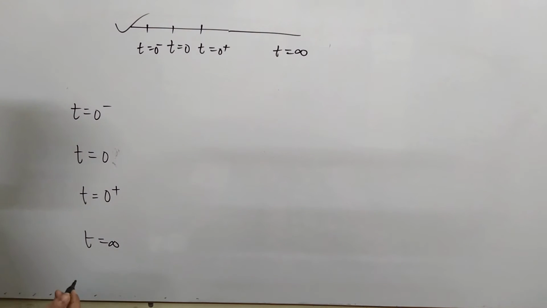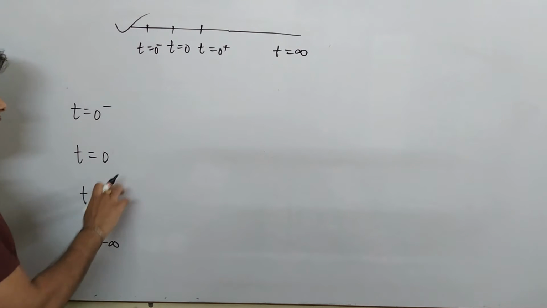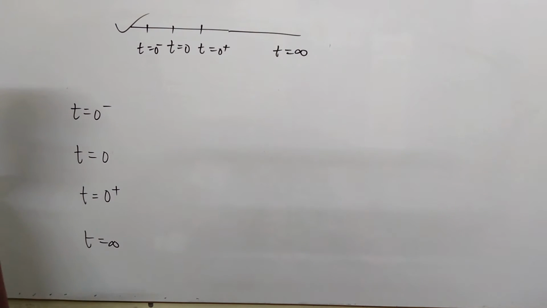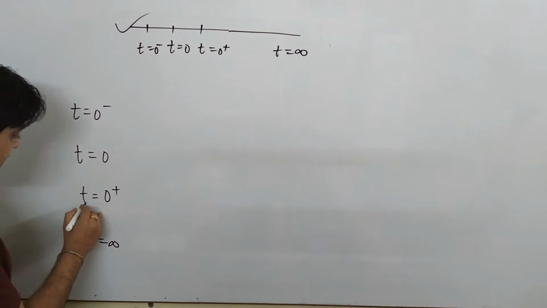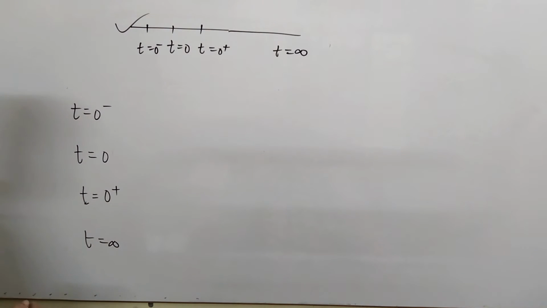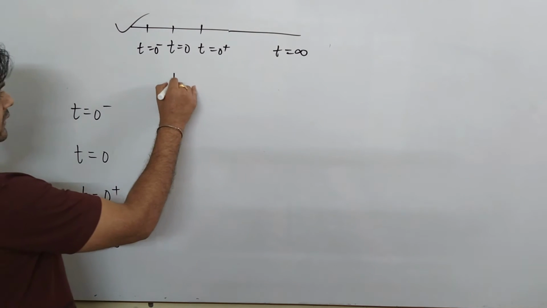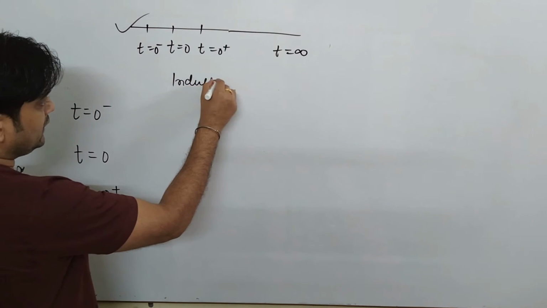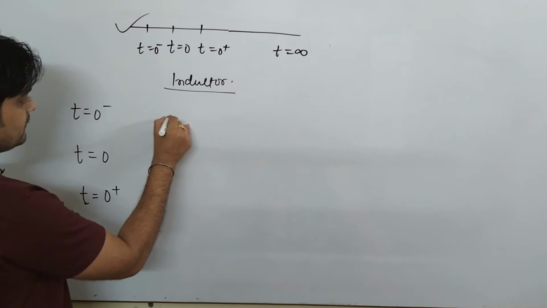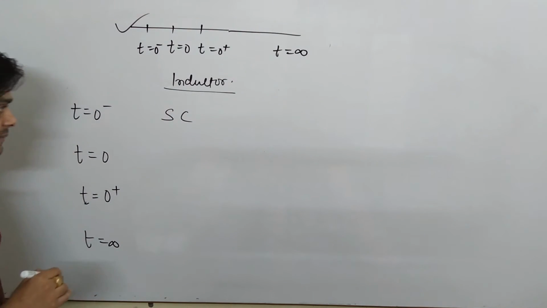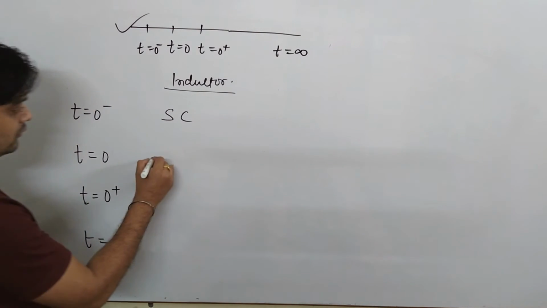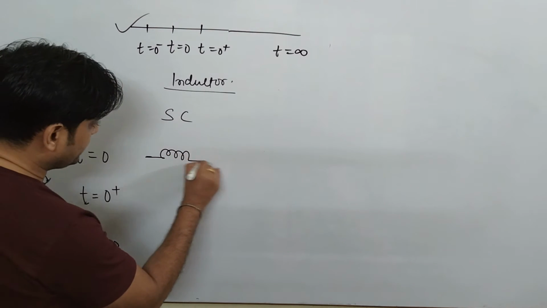The condition of the switch remains as it is, which I mentioned in case of capacitor. Okay, so no need to re-explain here. That is a general concept. Now in case of inductor, at t equal to 0 negative, the inductor behaves like a short circuit. I already explained in my previous video. At t equal to 0, it is simply an inductor.